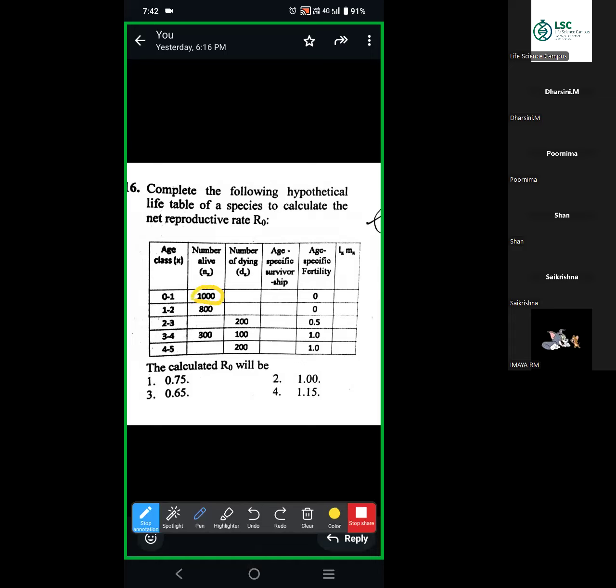How to find out this dx? nx minus nx plus 1. Okay, so nx minus nx plus 1, that is 1000 minus 800. So we will get 200 here.